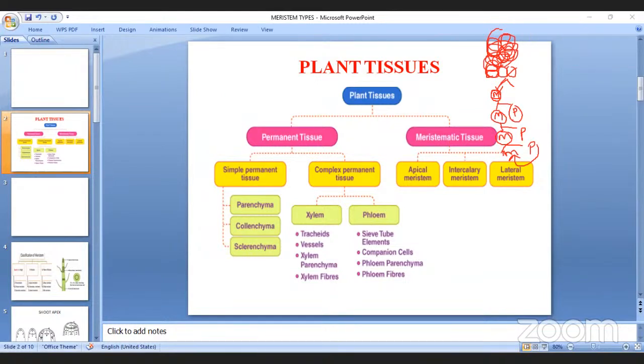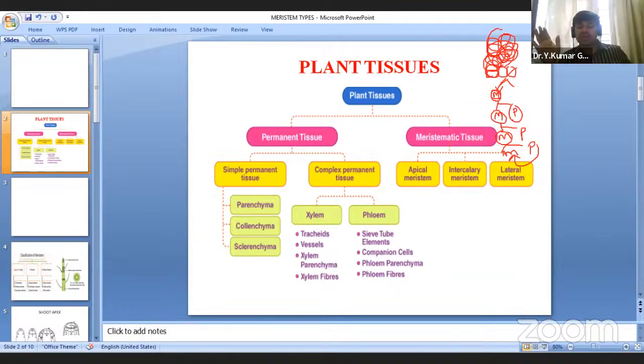Yes, sir. Already you know how the embryo is formed. I won't go into detail about fertilization, male gamete and female gamete fusion. After the embryo forms, embryonic cells develop into meristematic cells, which divide and form permanent tissue.